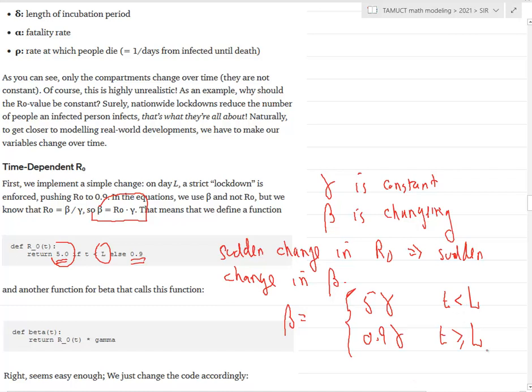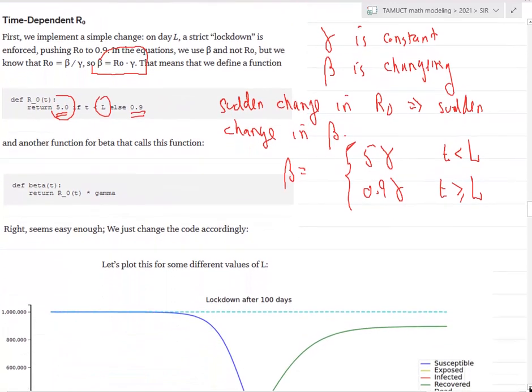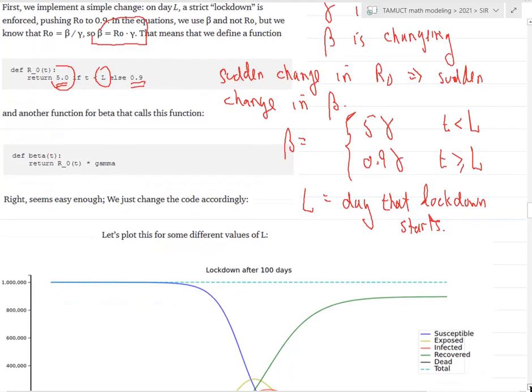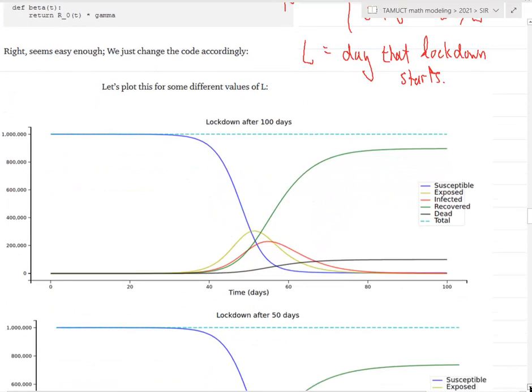All right? So we can also program this in Excel. Okay, so L is the day where lockdown starts. Okay. All right. So we should actually be able to duplicate this curve in Excel. All right.